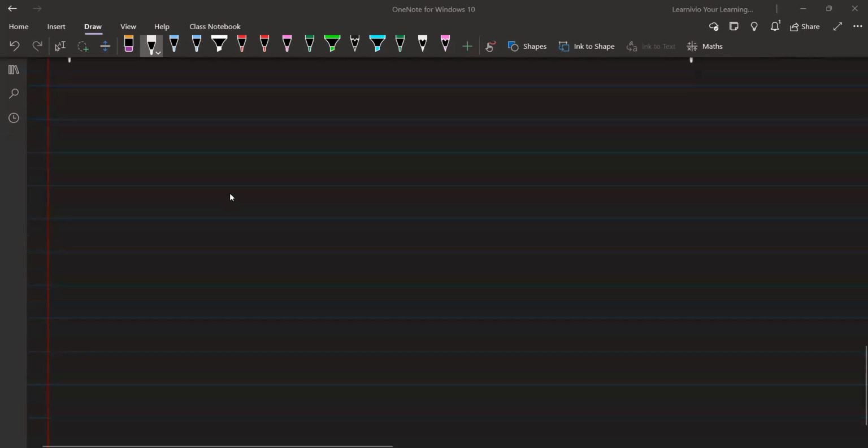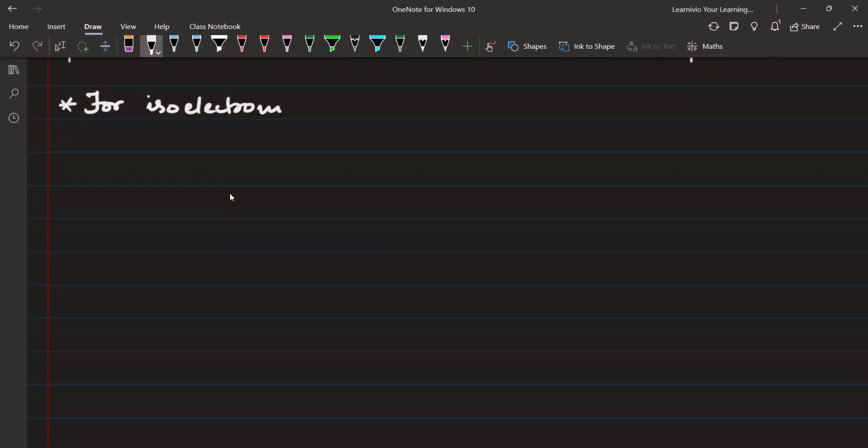Next, write down isoelectronic species. For isoelectronic species, what will happen? We are going to have the same number of electrons. For example, N3 negative, O2 negative, F negative.